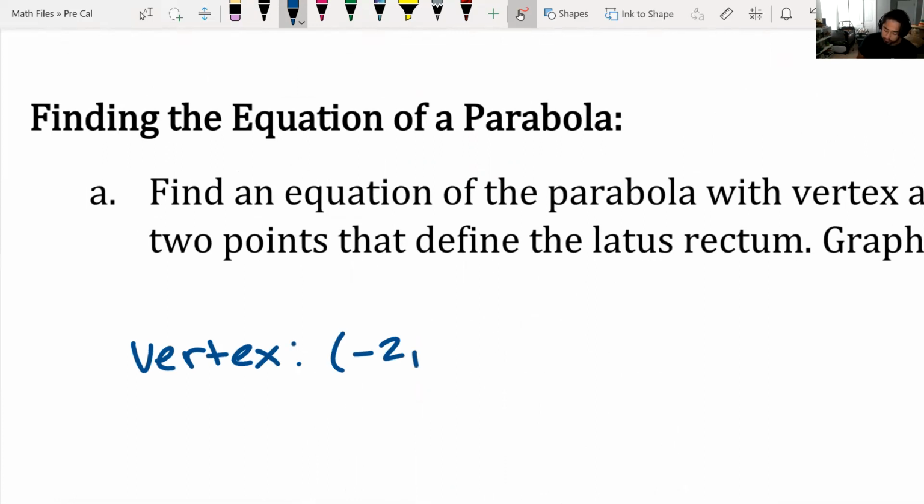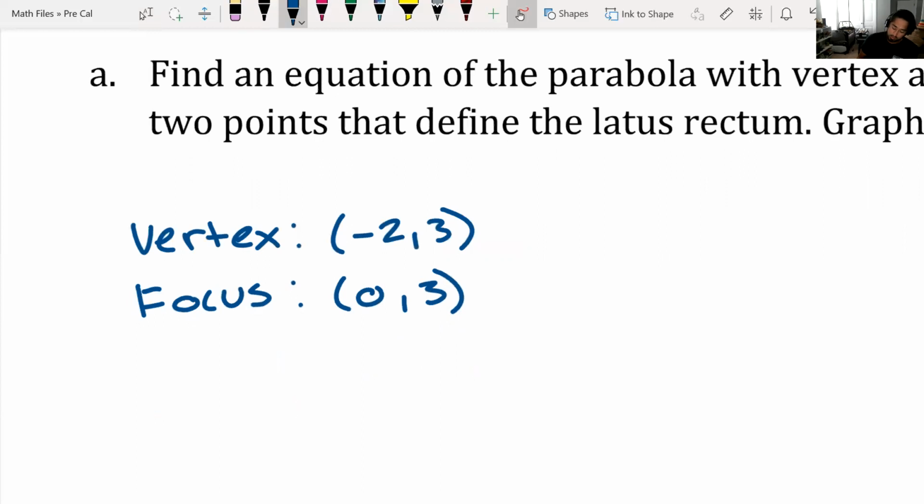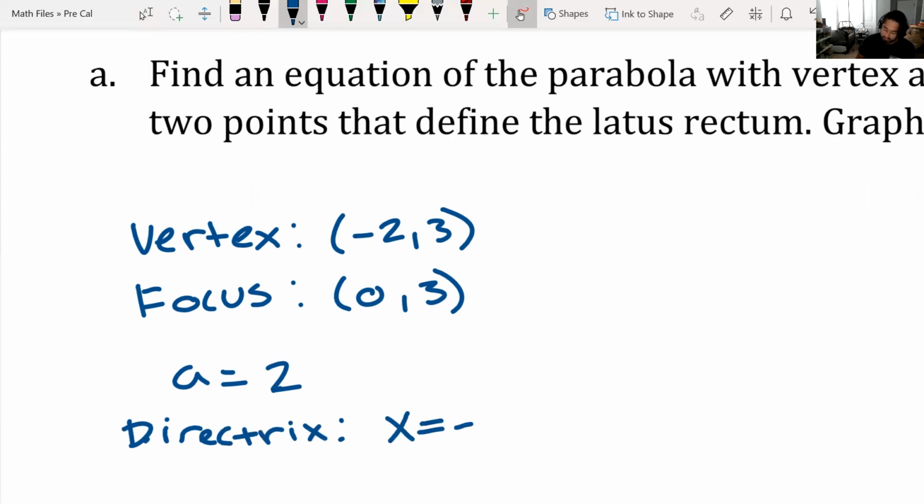Vertex is at -2, 3. Focus is at 0, 3. The value of A is 2. We just found the directrix at x equals -4.